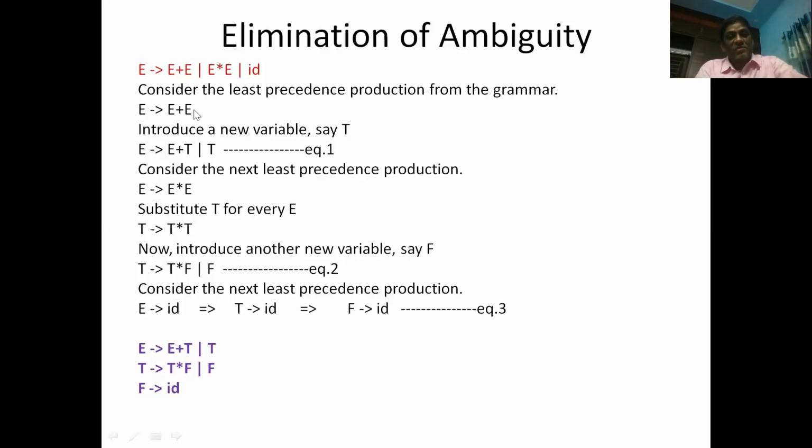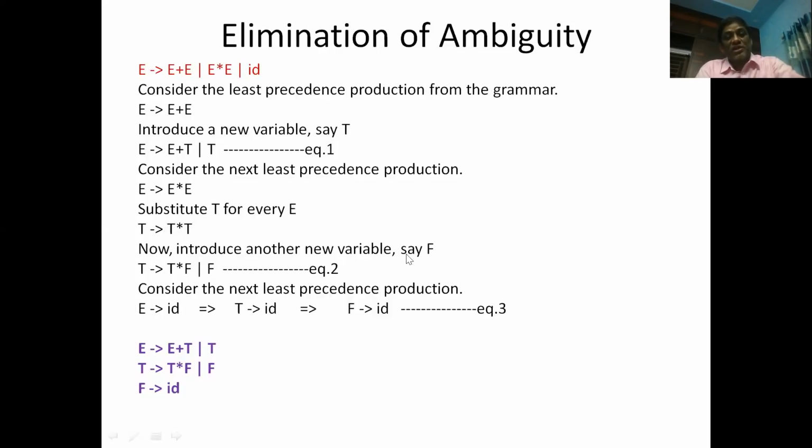In E implies E plus E, the second occurrence of E is replaced with a variable T. Now in this, T implies T star T, the second occurrence of T is replaced with another variable. Let us say it is F, which means T implies T star F or F. And finally, this is actually E implies ID, which is represented as E is replaced by T, so it is T implies ID.